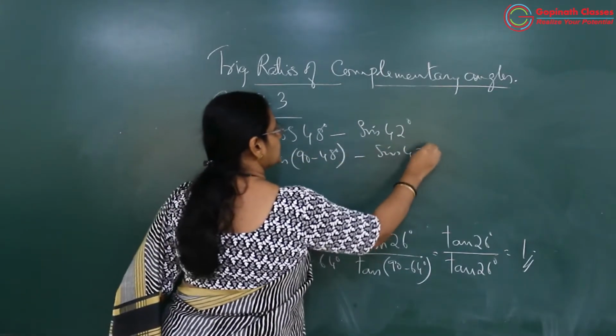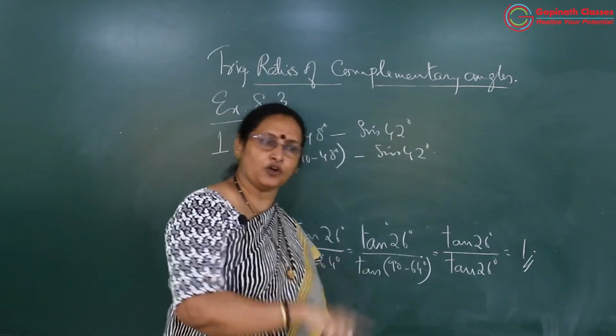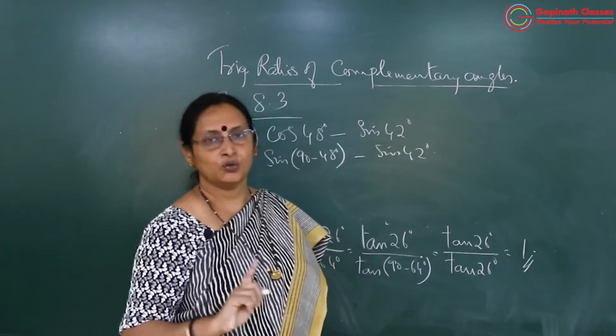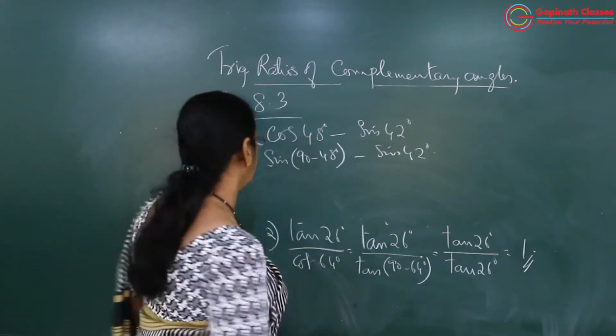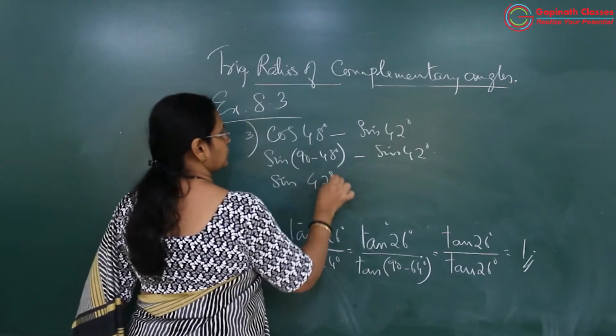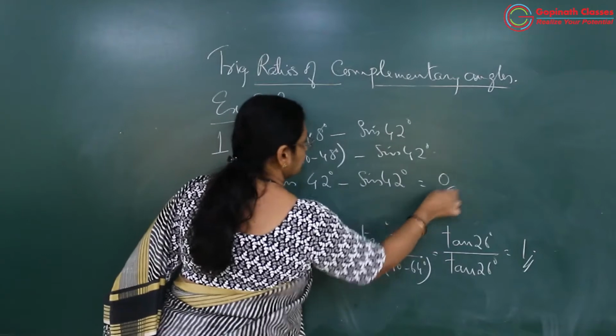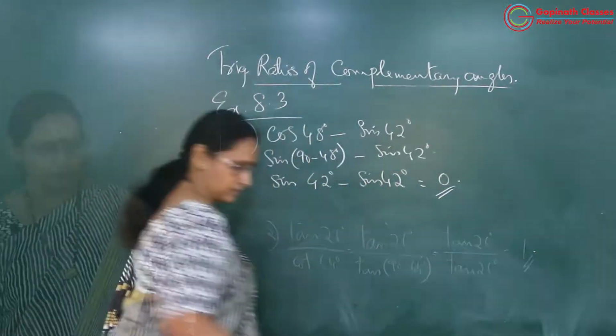Don't convert 42 into 48 and 48 into 42. You won't reach anywhere. Make the same angle. So sine 90 minus 48 is 42 degree, minus sine 42 degree, which will become 0.